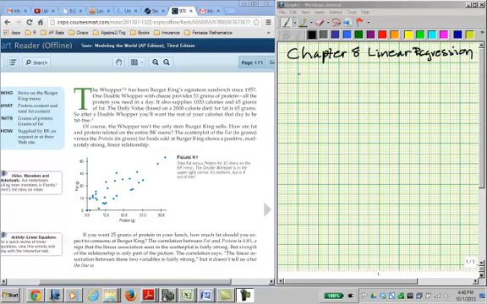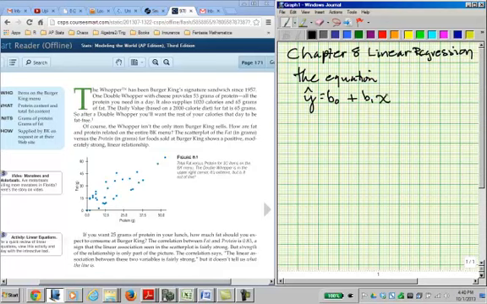So this chapter is really going to be about the equation. Now, this chapter is going to refer to the equation in this model, in this formula: y hat equals b sub 0, that's the y-intercept, plus b sub 1 times x, where y hat is the estimated output.